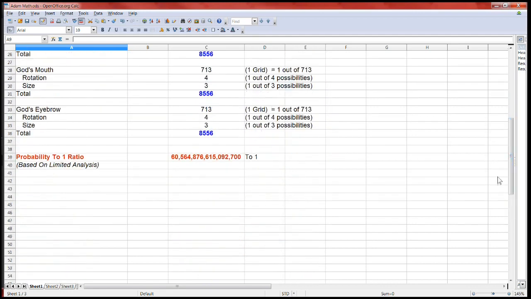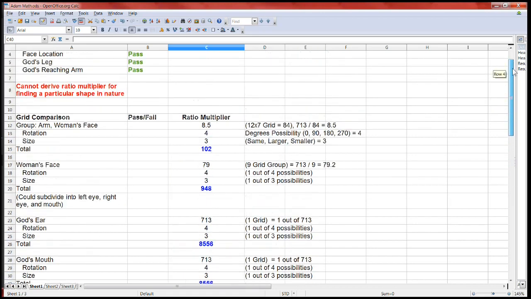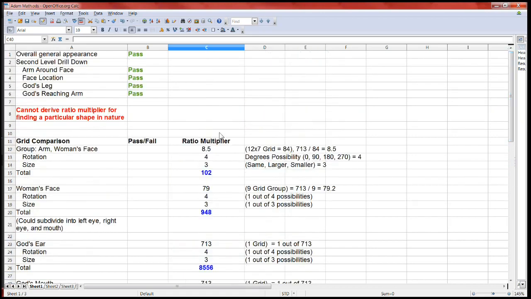But when we take a look at the probability ratio to 1, we come out with 60 pentillion, 564 quadrillion, 876 trillion, 615 billion, 92 million. Well, anyways, the number is extremely large, as you can see. And so therefore, performing an analysis on this, we can see that mathematically we have something that should be taken seriously. We have something that seems to prove the phenomena.